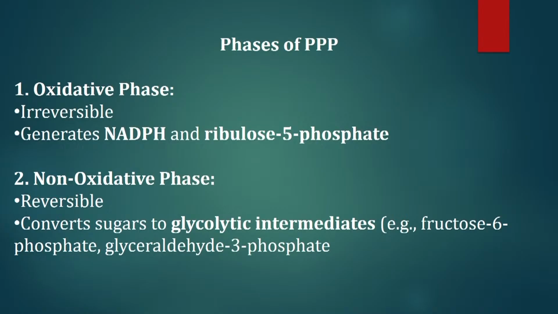In this non-oxidative phase, it converts to glycolytic intermediates, for example fructose 6 phosphate and glyceraldehyde 3 phosphate. What are these? These are glycolysis intermediates, as I told you in my previous lecture series on carbohydrate metabolism, which focused on glycolysis.